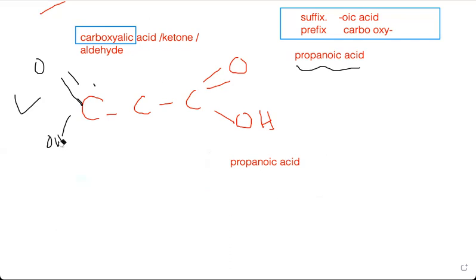Let's try to make the skeletal formula of propanoic acid. Let me tell you about the molecular formula also, because we just moved to another topic. C, 1, 2, 2 carbons, C2, then 1, 2, 3, 4, 5 hydrogens, H5.